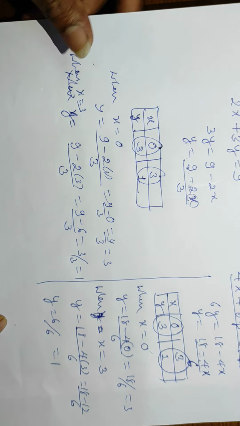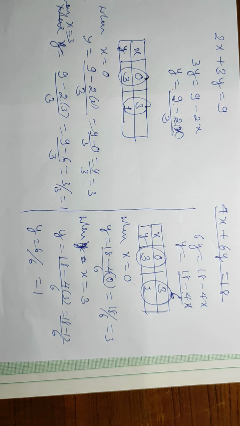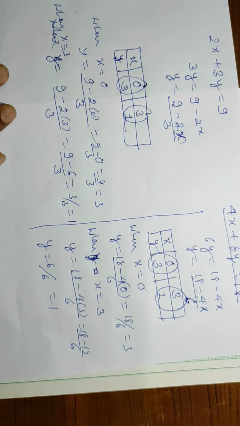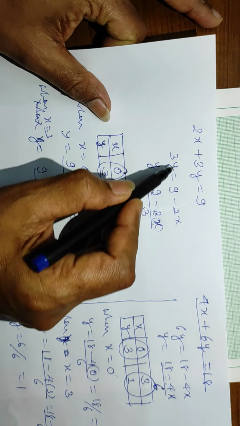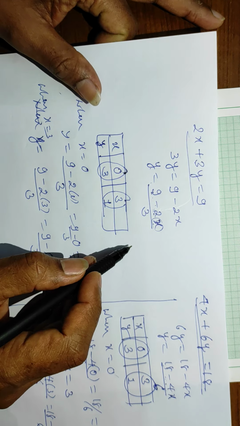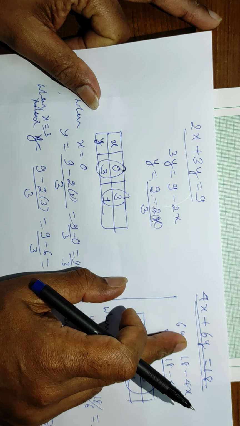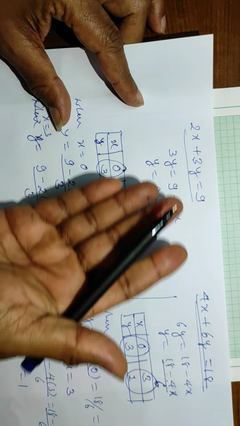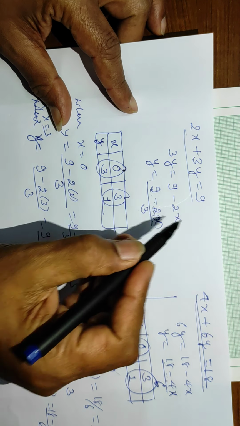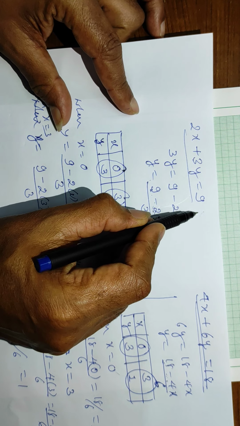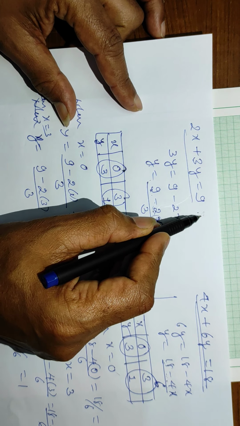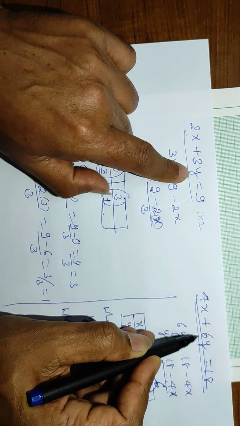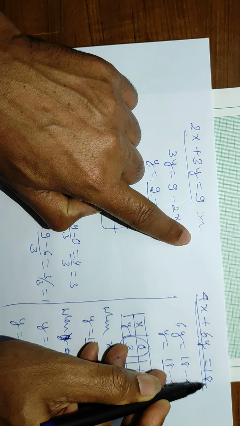Dear students, why do the two lines coincide in this case? Because both the equations, observe the equation, they seem to be different, but they are one and the same. They are equivalent. One can be derived from the other. If we multiply both LHS and RHS by 2, you will get 4x, 6y is equal to 18.